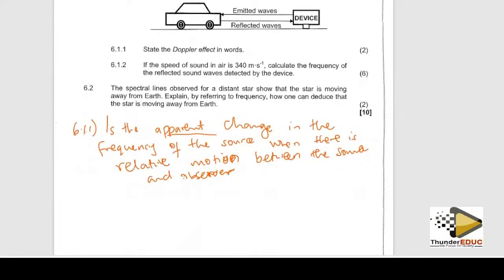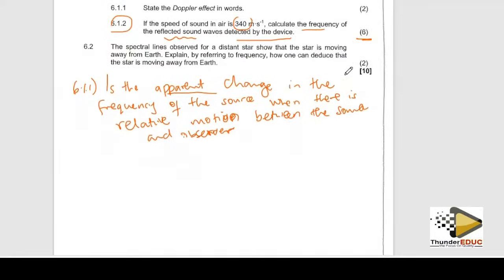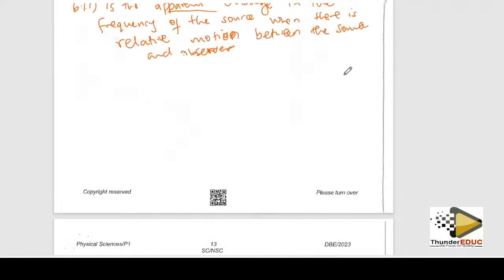Then 6.1.2. They're telling us that if the speed of sound is 340, calculate the frequency of the reflected waves detected by the device. This question is 6 marks, guys. Because when you look at it, frequency of the listener, something is fishy here.